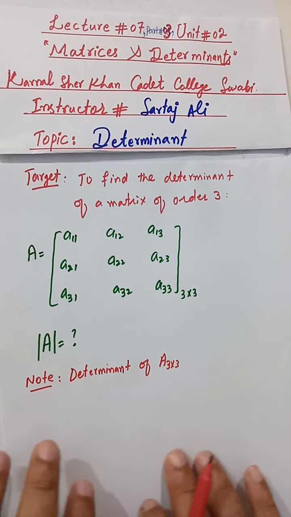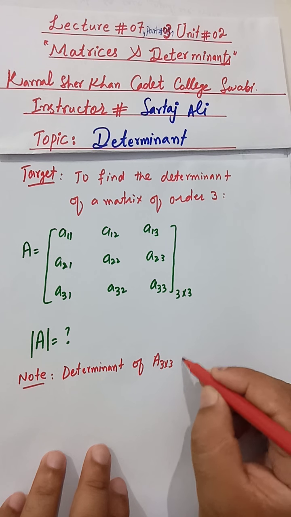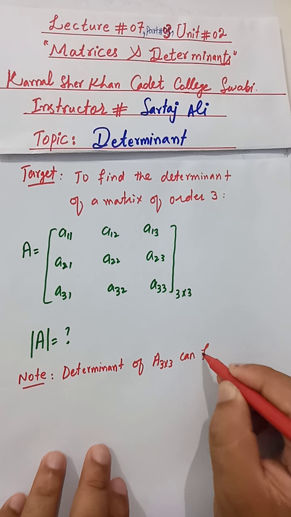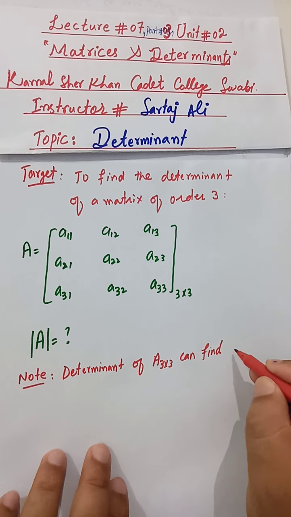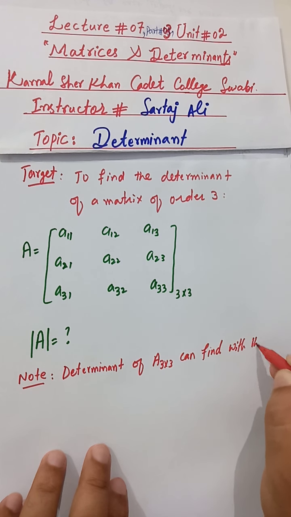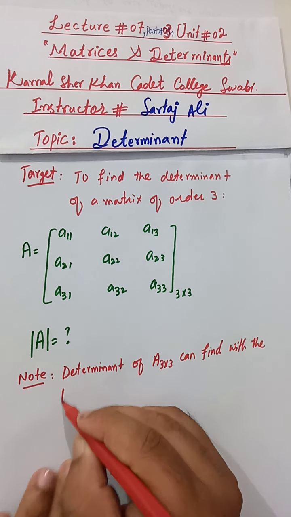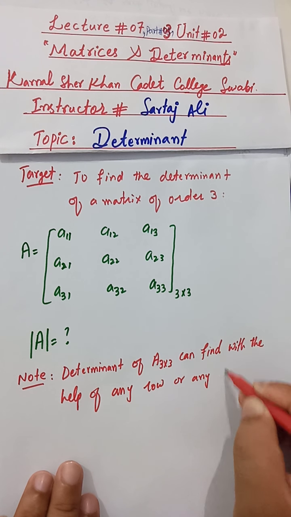So the determinant of order 3 matrices can be found with the help of any row or any column.